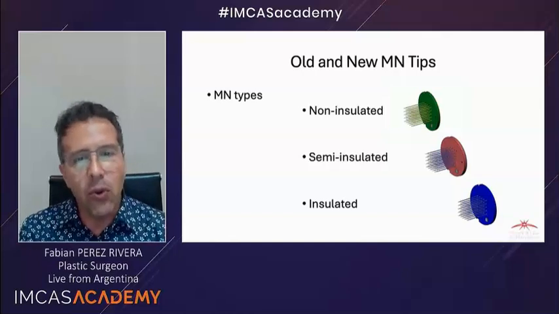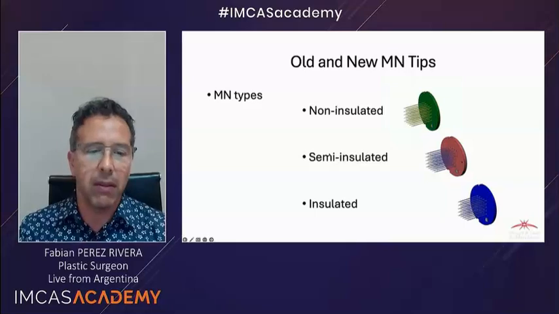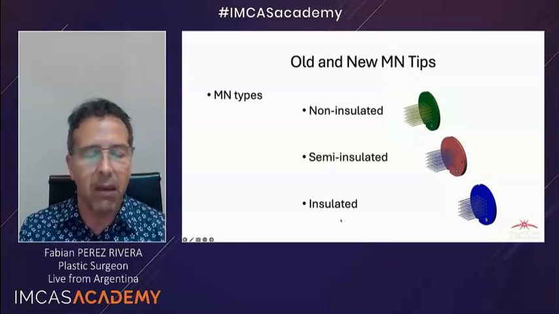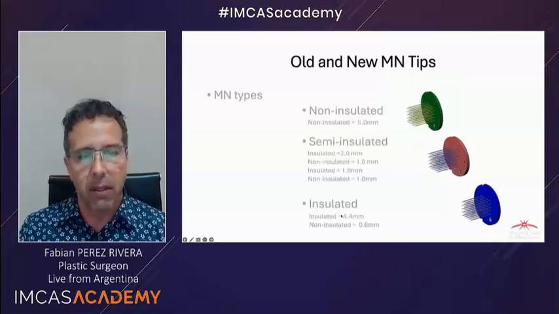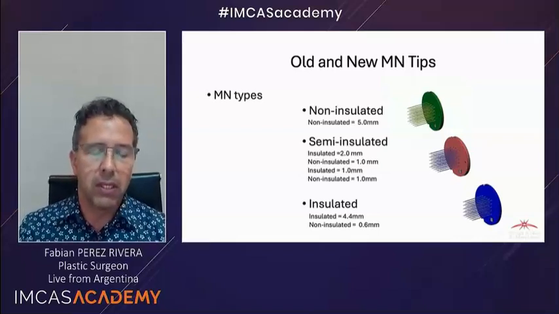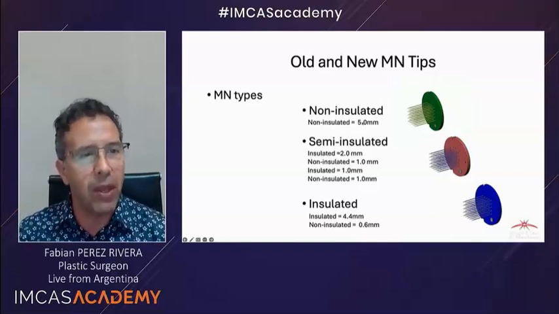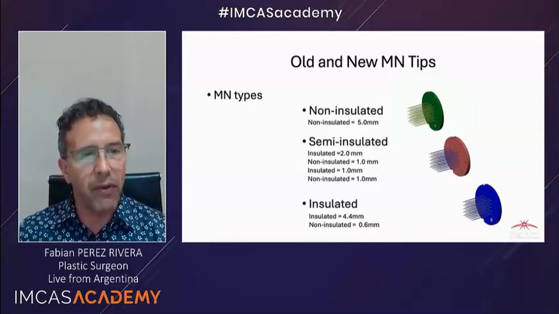There are also new microneedle tip types: the classical non-insulated, the new semi-insulated, and the typical insulated. The non-insulated that I use is 5 millimeters in length, so I can apply it in all skin thicknesses without any problem.